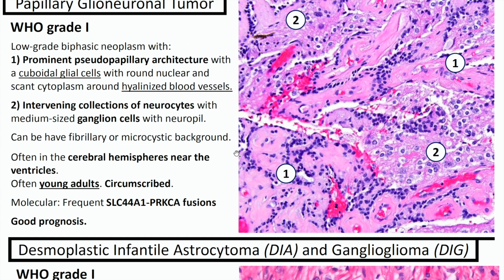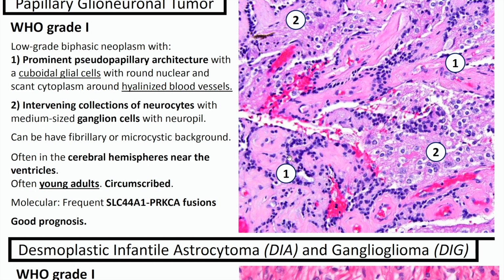Alright, next up we got papillary glioneuronal tumor, which is WHO grade 1. It's a low-grade biphasic neoplasm with prominent pseudopapillary architecture, which we see with 1. Intervening collections of neurocytes with medium-sized ganglion cells with neuropil at 2. So that's the biphasic.